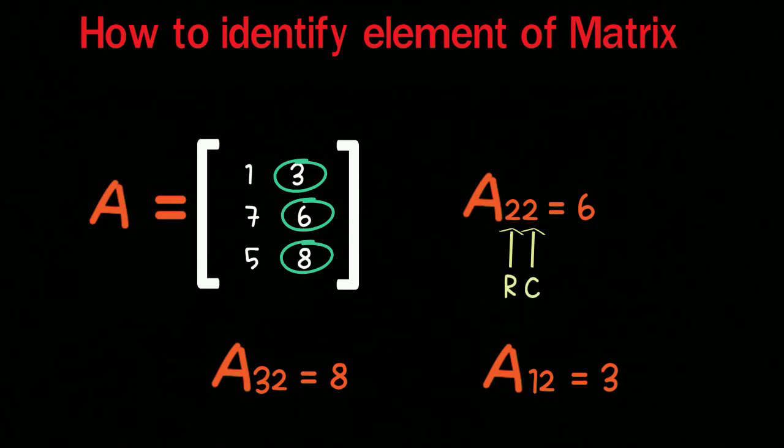So this is the way you can write down the element of a matrix. First you write down the row, then followed by the column, then you can get the respective element of a matrix.